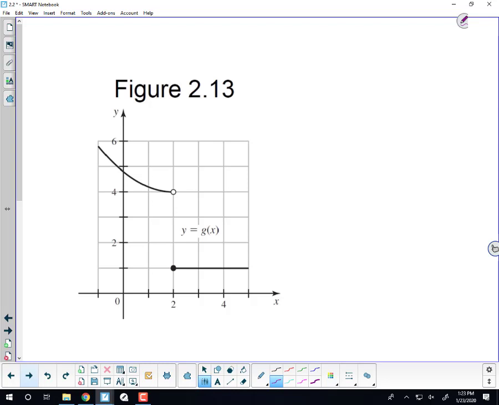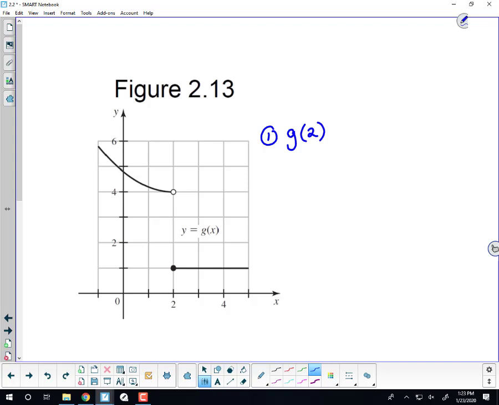So figure 2.13, kind of a similar example here. First of all, sorry, this is g of x. What is g evaluated at 2? Does not exist. All right, I heard 1, I heard does not exist.